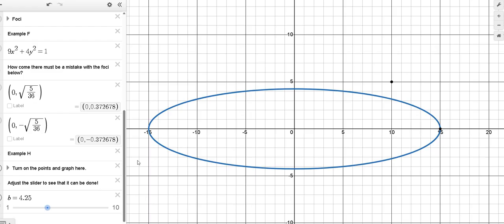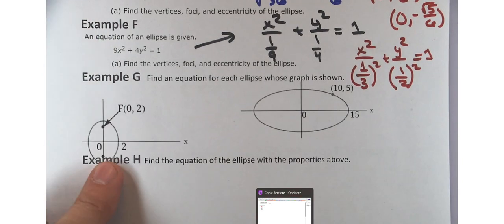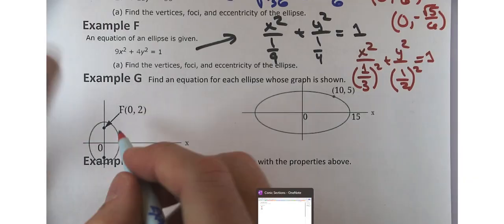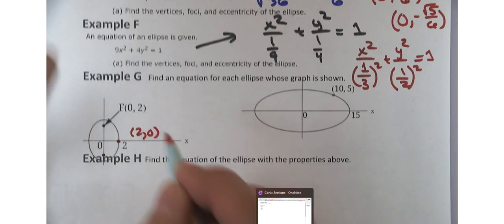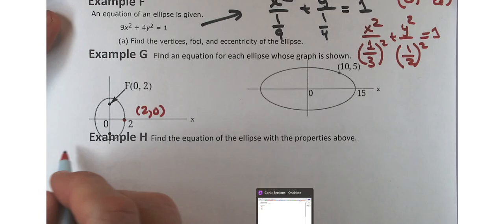No, we're on example G. So let's do example G first, and then we'll do example H. So for example G, you've got an ellipse here. They tell you that the focus is at 0, 2, and at this point is 2, 0. That's a vertex. Let's see if we can't use that information to try and figure out the equation of that ellipse. So this is example G.